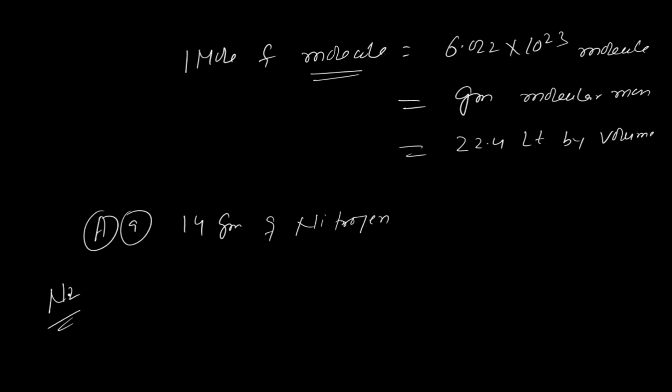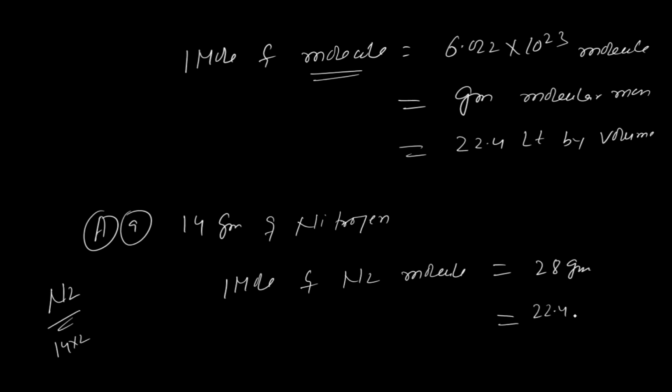N2 is nitrogen 14 into 2, so 1 mole of nitrogen molecule is equal to 28 gram, and this is also equal to 6.022 into 10 power 23 molecules, and it is also equal to 22.4 liter by volume.